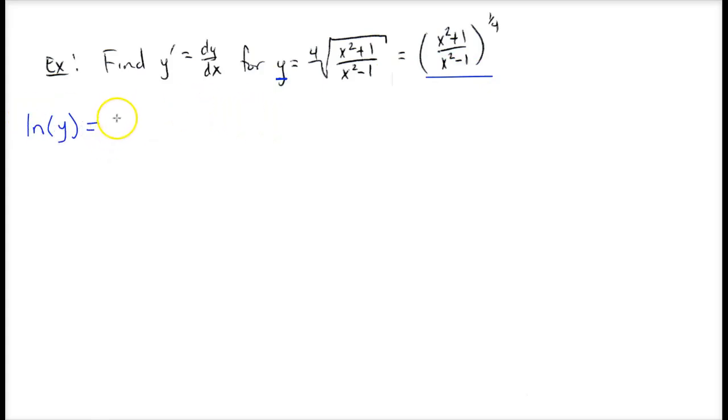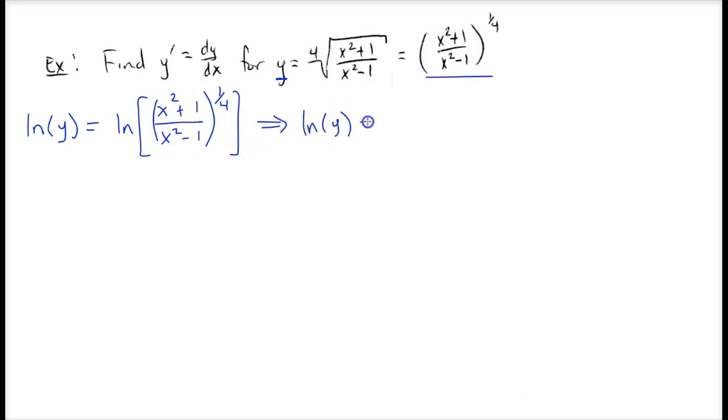So what we can do here is, since y is equal to this, if we take the natural log of both sides here, and let me get this all written down. Then we know that on this right side here, we can use our logarithm properties to first take this exponent and put it out in front.